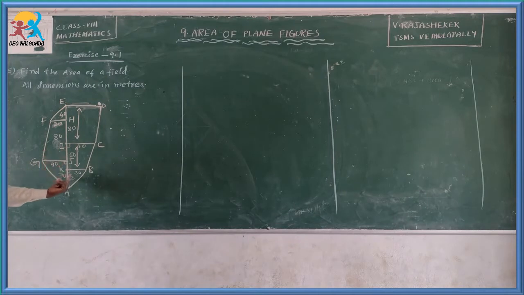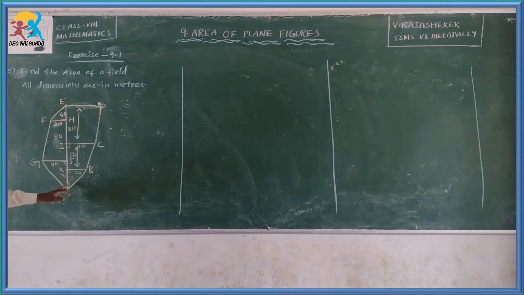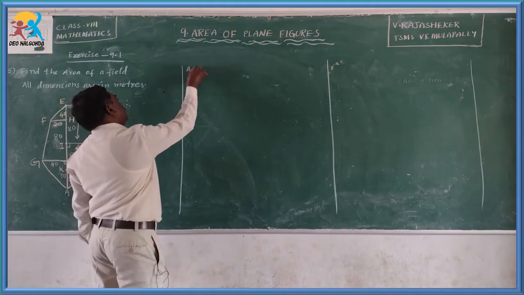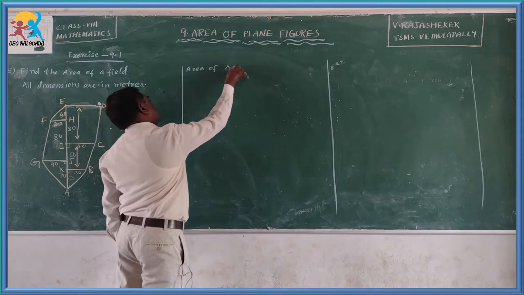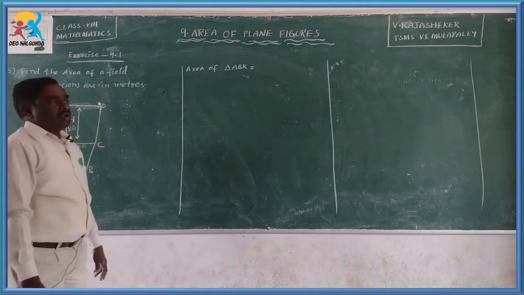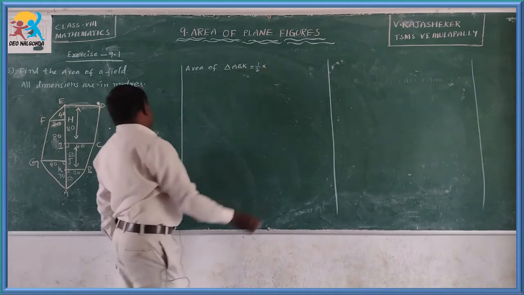Let us find each figure's area one by one. First, let us find the area of triangle ABK. Area of triangle ABK is equal to half into base into height.